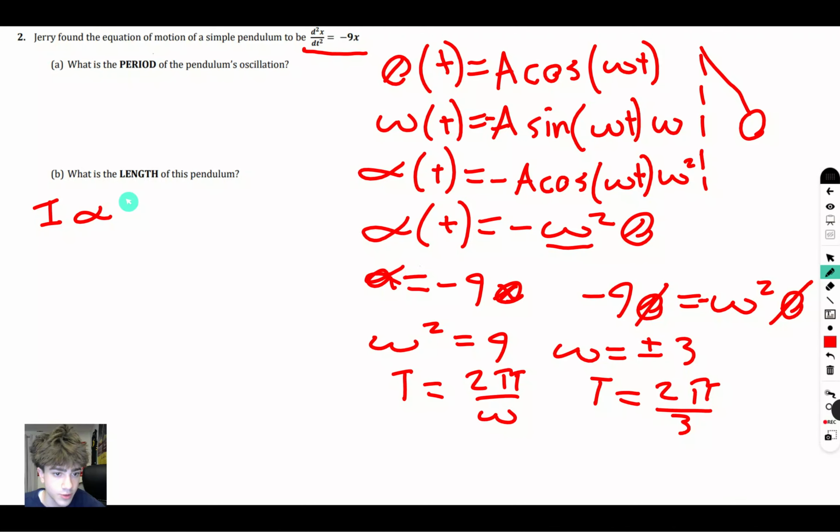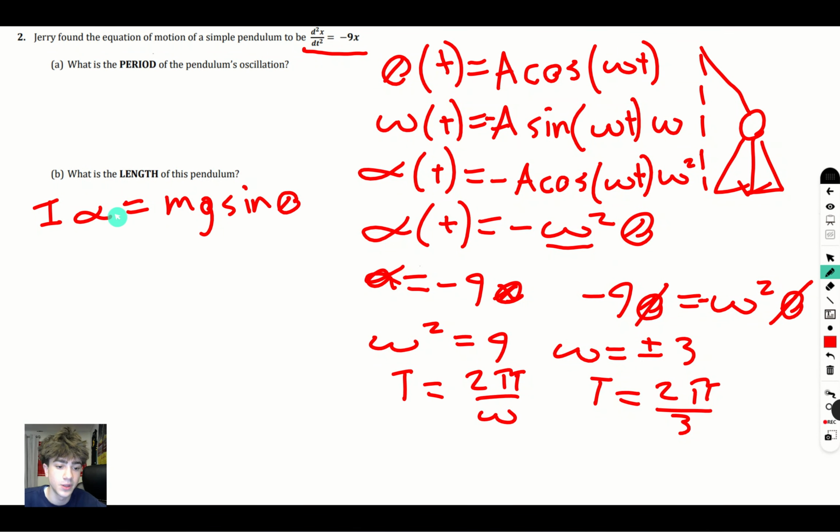We know that our torque equation is I alpha. We'll have mg, but mg is going straight down, and only the sine component of mg is going to be affecting the pendulum's oscillation, so we'll have mg sine theta.